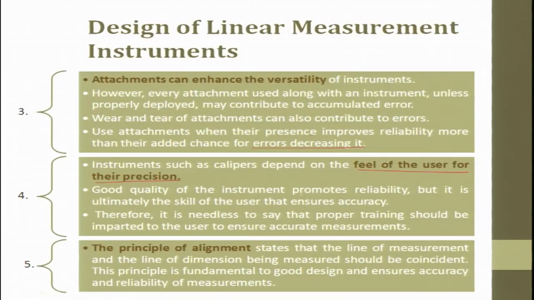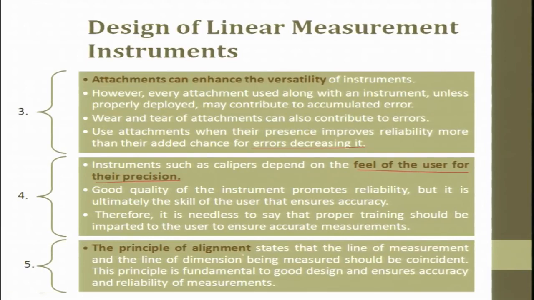Good quality of instruments promote reliability, but it is ultimately the skill of the user that ensures accuracy. Therefore, it is needless to say that proper training should be imparted to the user to ensure accurate measurements when using these feeler calipers for linear measurement.